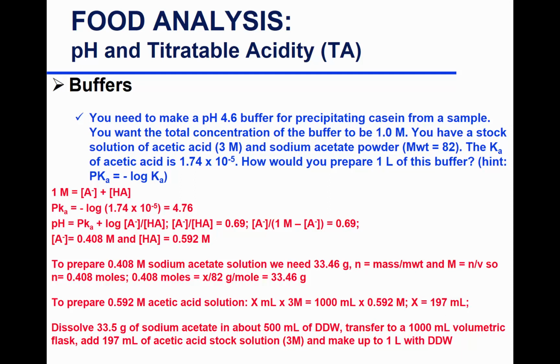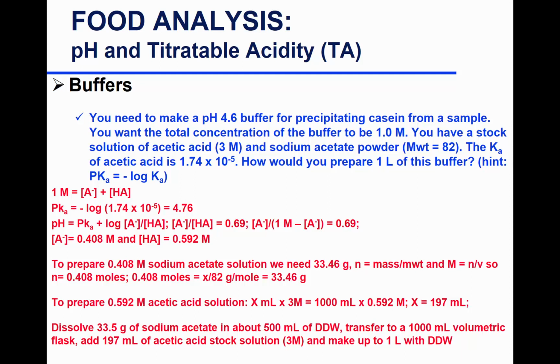Questions? This is the time to ask questions if you're not certain how I got to this value. Okay. Now to prepare 0.592 molar, I have a 3 molar stock solution. So I apply C1V1 equals C2V2, solving for X. X times the concentration of the stock equals 1000 ml times the concentration I need at the end.